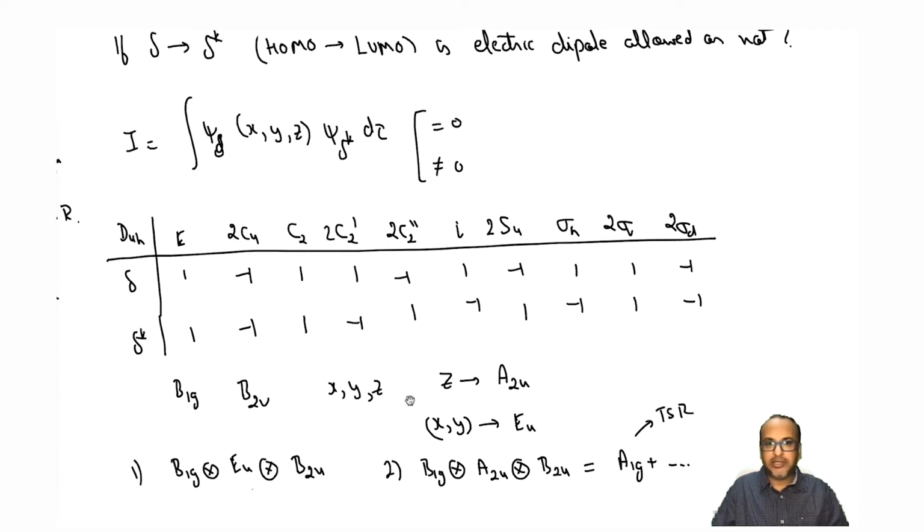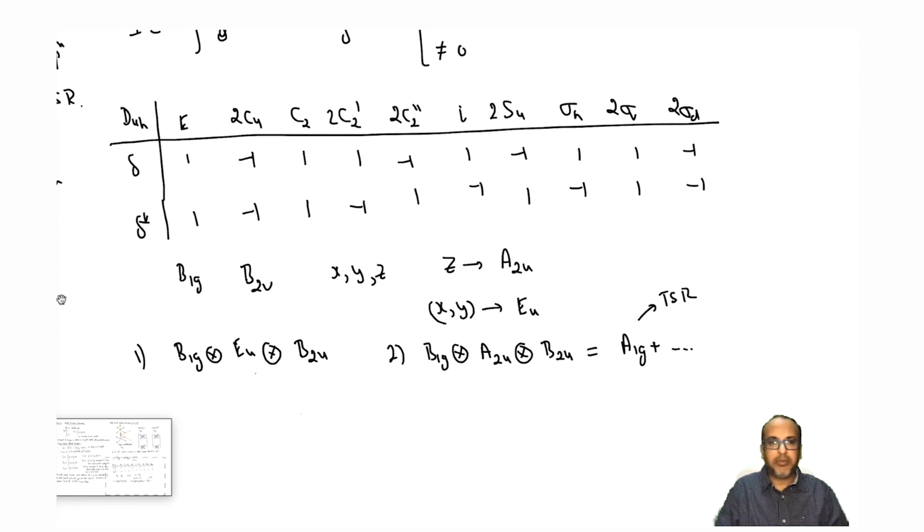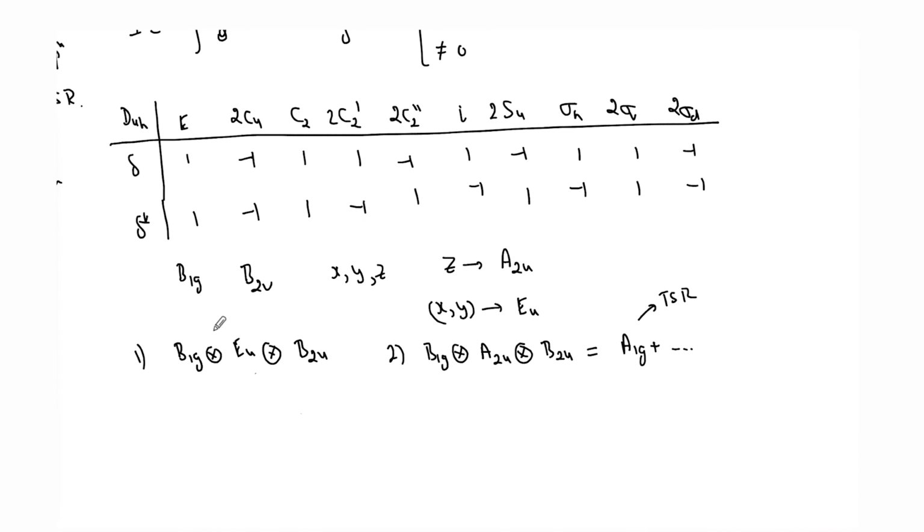If it contains the totally symmetric representation, we can make a statement now that the delta to delta star transition is allowed, or you can say electric dipole allowed, because that is the form of mu which we have taken here.